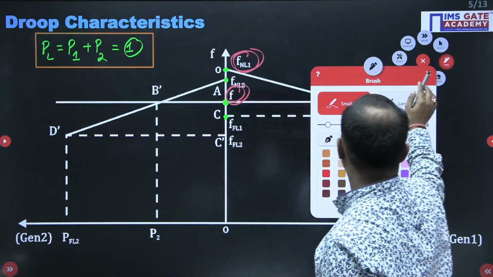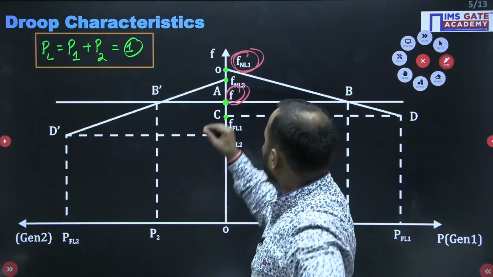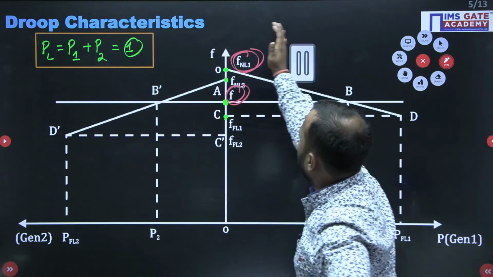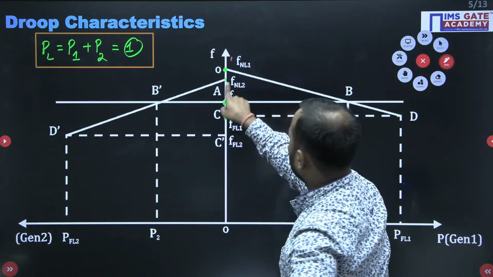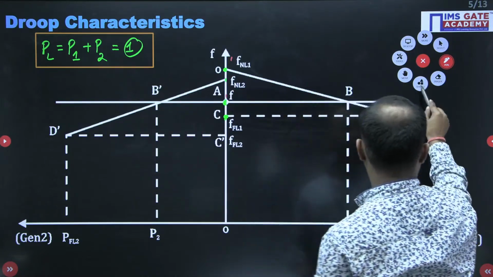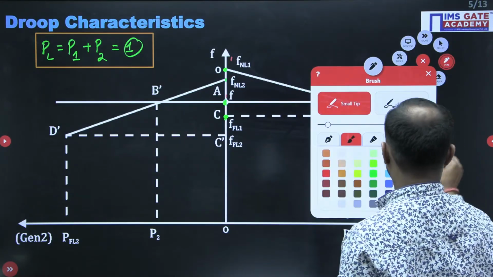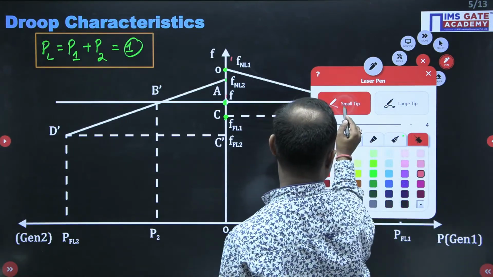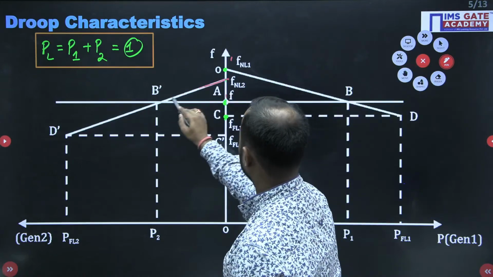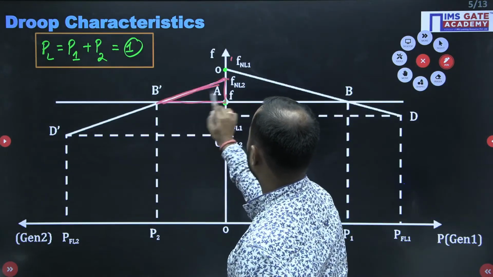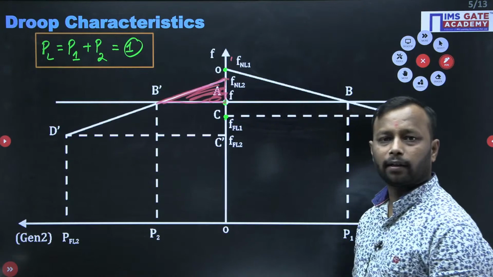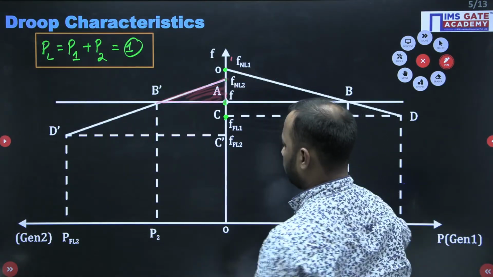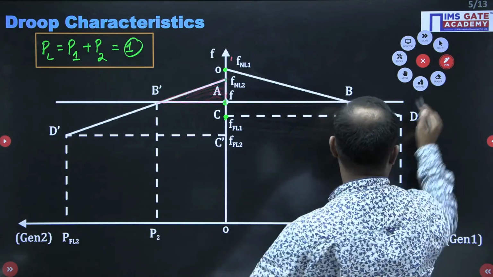Now similarly for this particular triangle, इसको देखो OA and B dash.